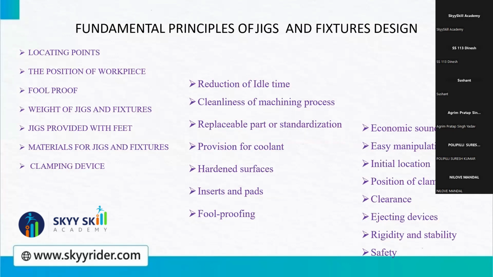So for the locating points, what are the locating points? When the component has to be machined, it must be easily inserted, and quickly taken out of the jig or fixture, because there should not be time loss or time wastage in placing the workpiece in the proper position.